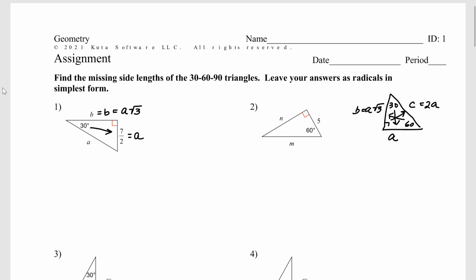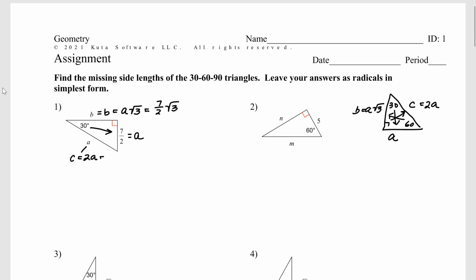A was 7/2. So really, I have my answer here, 7/2 times the square root of 3. And we can leave it in radical form like this. No need to put it into a calculator and solve. Now this here is going to be my hypotenuse. So we'll think of this as C, which is 2A.